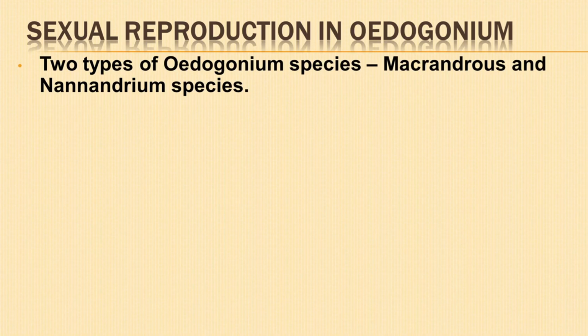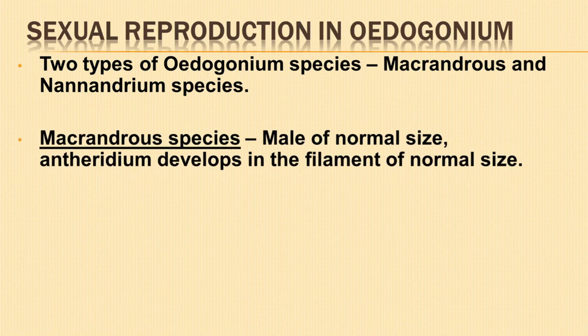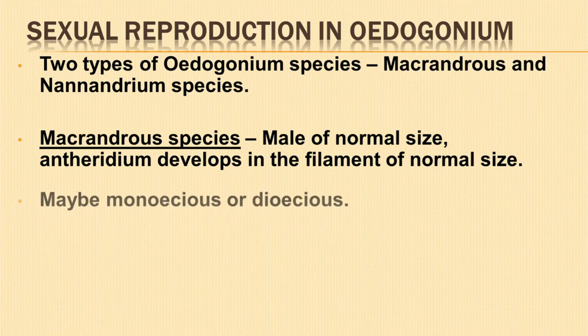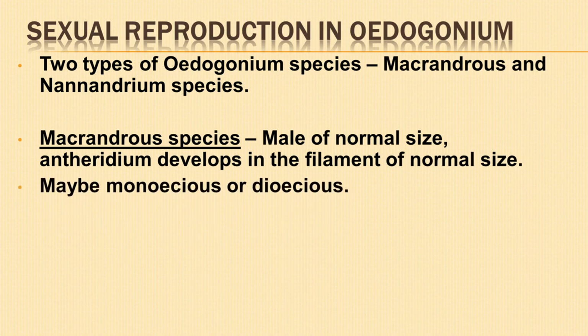There are two types of Oedogonium species, macrandrous species and nannandrous species. In macrandrous species, the male is of normal size and the antheridium develops in the filament of normal size. The plants may be monoecious or dioecious.